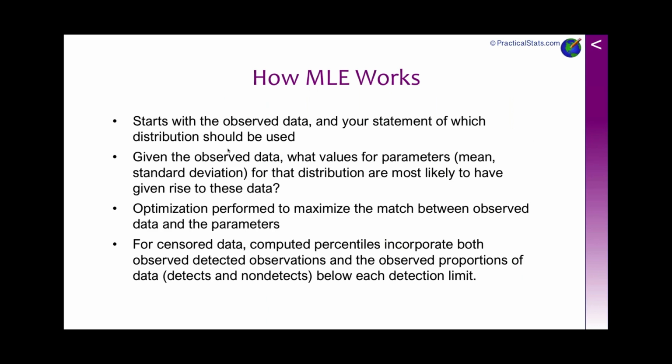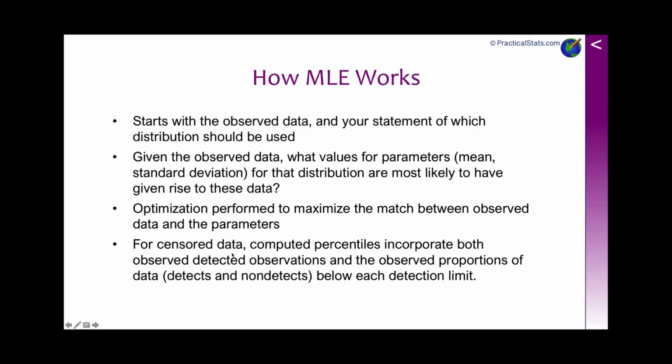So you're saying, I want to fit a log normal, I want to fit a gamma, etc. And then it will provide the best fit for that type of distribution by tweaking the values for the parameters, things like the mean and standard deviation for the distribution. That tweaking is done with an optimization procedure to maximize the match between the observed data and those parameters. So which set of parameters is most likely to have produced the data that you have seen.